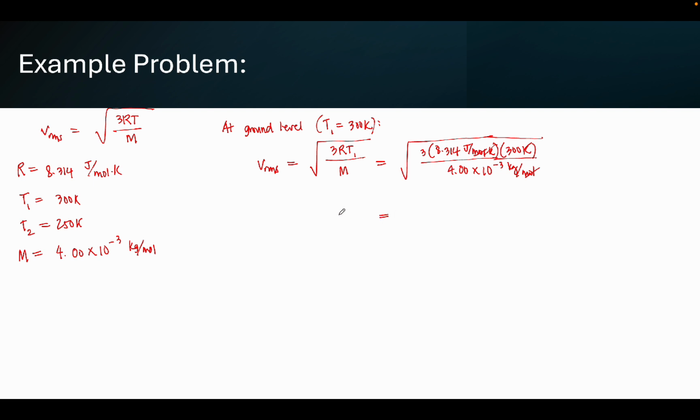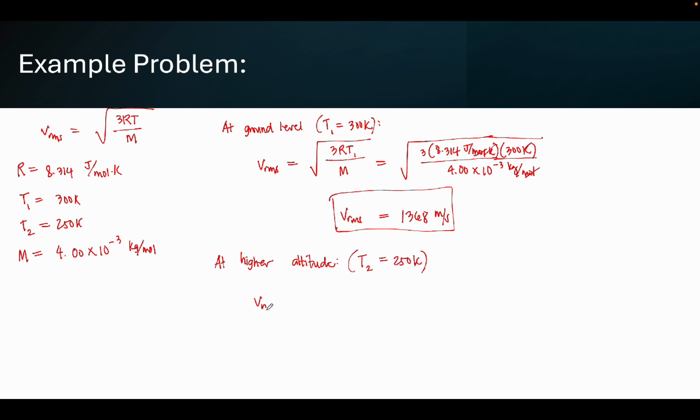So the root mean square speed at ground level, if you calculate this, is approximately equal to 1,368 meters per second. So this is at ground level, or at lower altitude. Now at higher altitude, in which our temperature is at 250 kelvins.